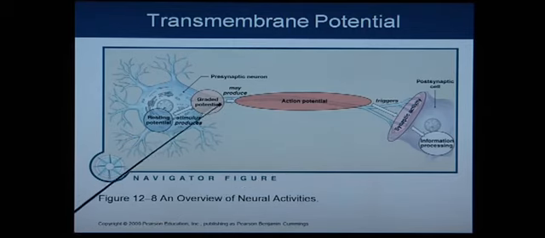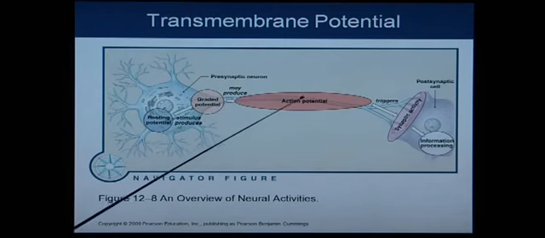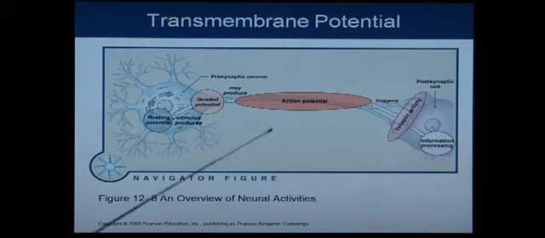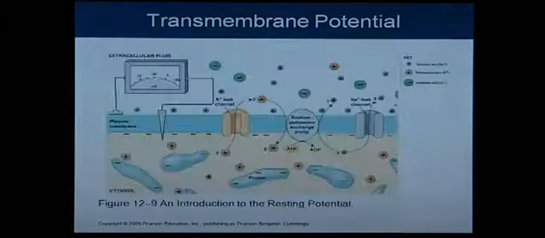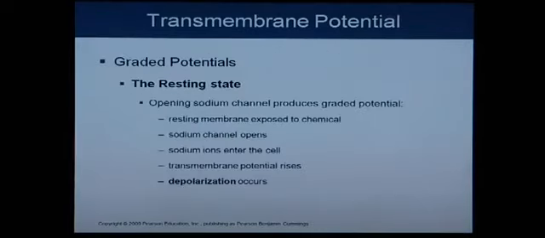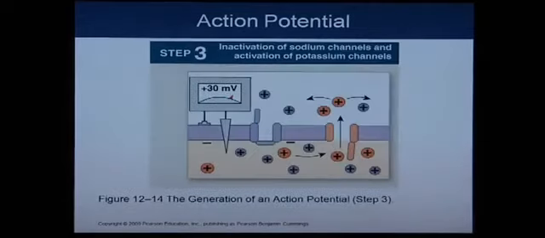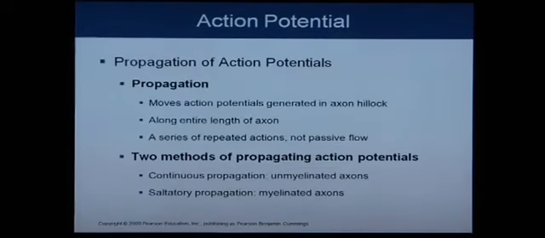So the idea is to get the action potential, which is all that depolarization, repolarization stuff, to flow down the axon to the synapses where a neurotransmitter can be released to cause some type of action. Okay? And there are two ways to carry the action potential down the axon. Those are known as propagation, and there's two ways to propagate.